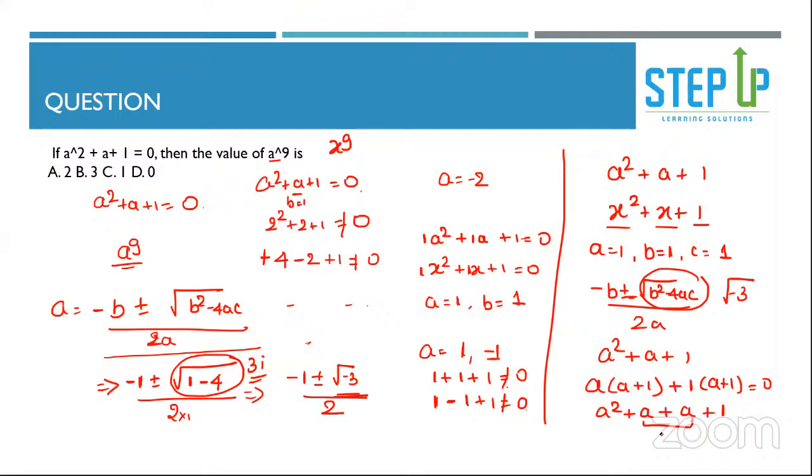So you should get 2a there. Are you getting my point? But here we have a. So that's why your a plus 1 is not working. Got it? How can we make 2a?